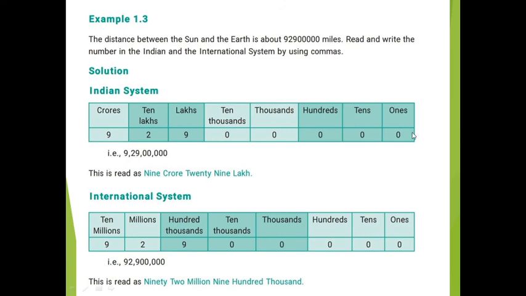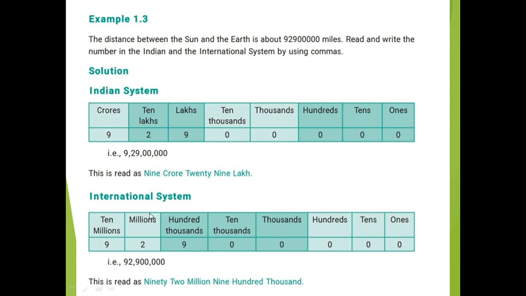First ones, tens, hundreds. I have put a comma, then thousands and 10,000. Again a comma, then 9 lakhs and 10 lakhs. Again a comma and 9 is a crore. Now you can read this number easily, which is 9 crore 29 lakh.